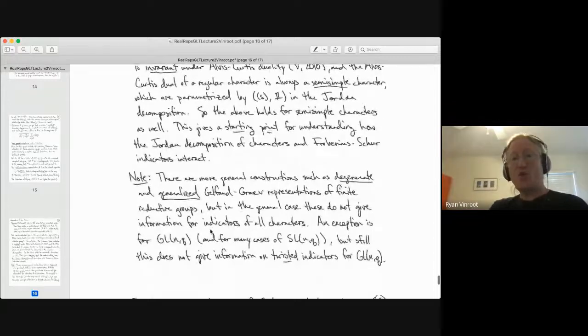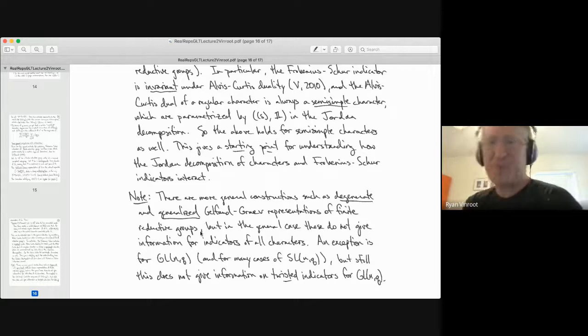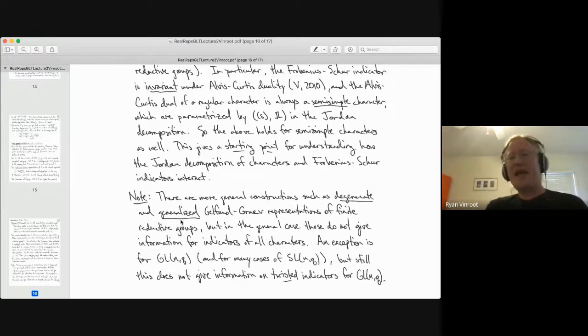I wanted to make this quick note. One might hope that you can extend these Gelfand-Graev characters to get every character. And one can do this for GLn. There are more general constructions called degenerate Gelfand-Graev representations. Even more general are generalized Gelfand-Graev representations. In the general case, you cannot get information about every character. You lose a lot of information.